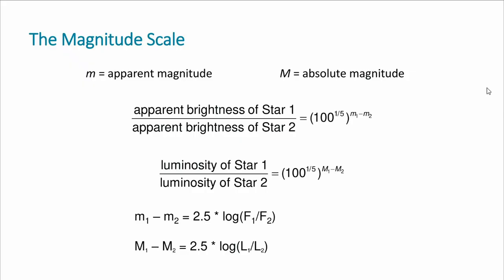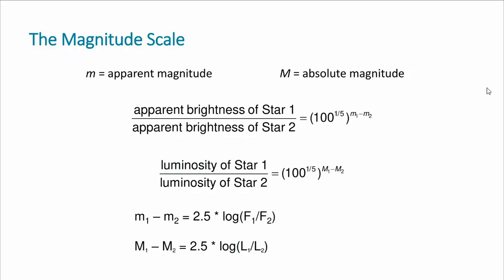This magnitude scale is a way to compress a very large range of fluxes and luminosities. Like we saw, luminosity went from 10 to the 6 all the way down to 10 to the minus 4. So that's a very large range of values, and this logarithm allows you to compress that into a much more manageable range.